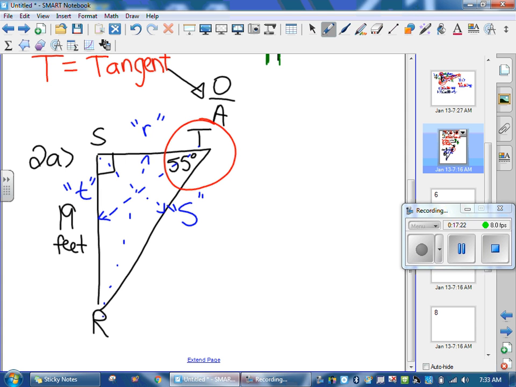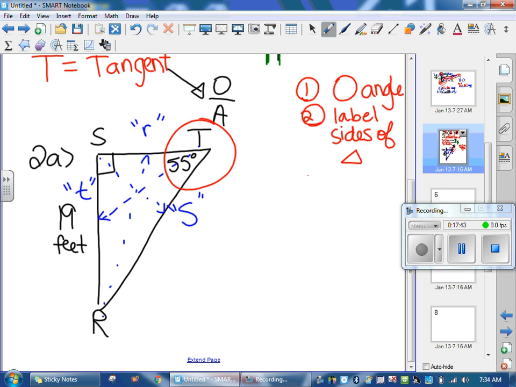So, first step, circle the angle. Second step, you're going to label your legs. Okay, so label the sides of your triangle. Third step, use one of the trig ratios.